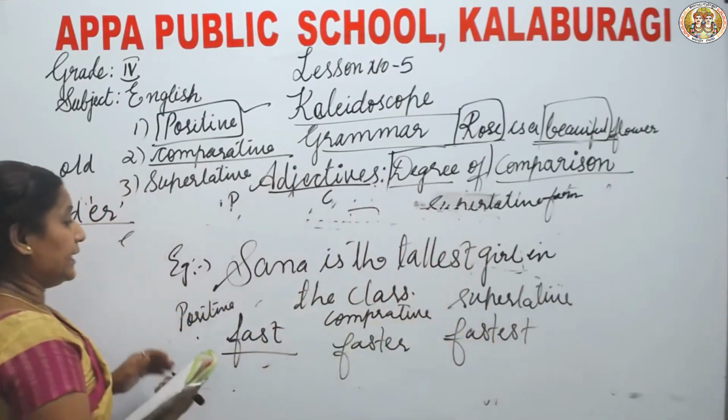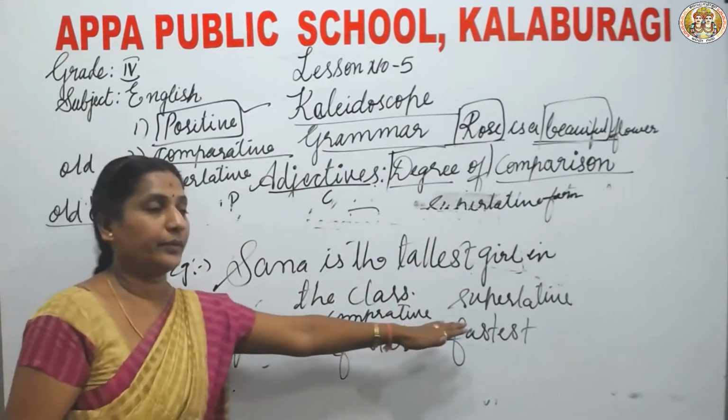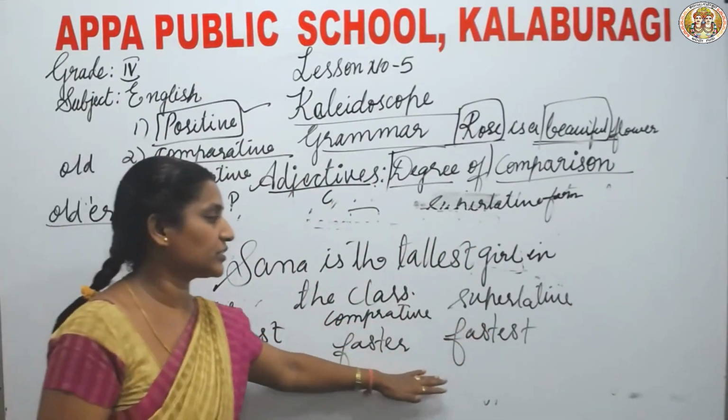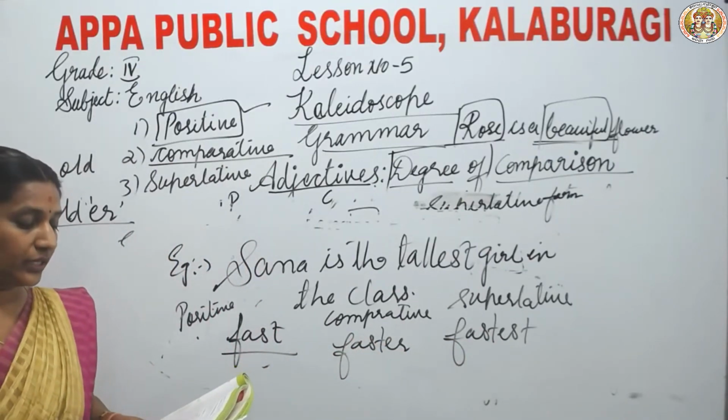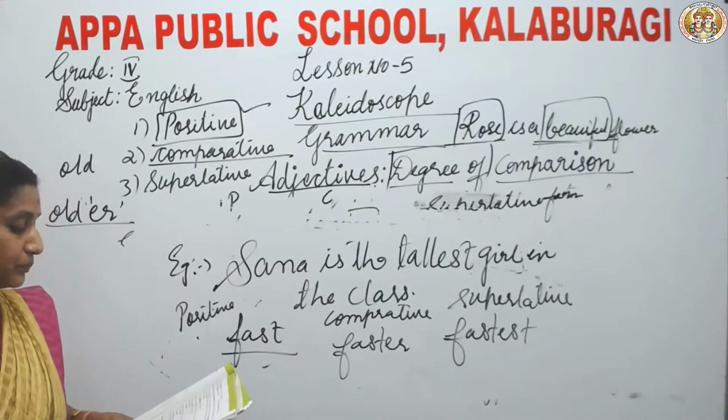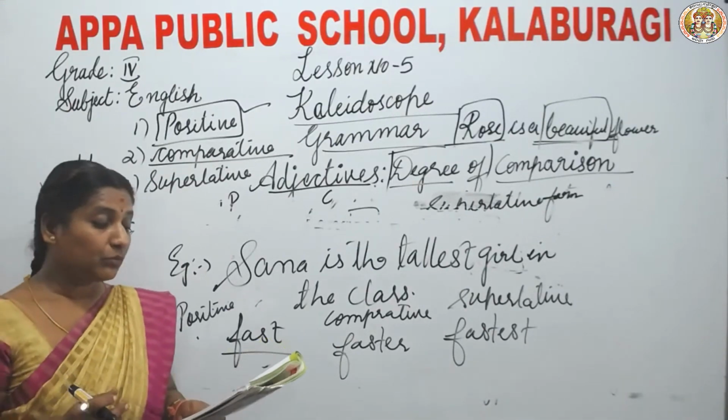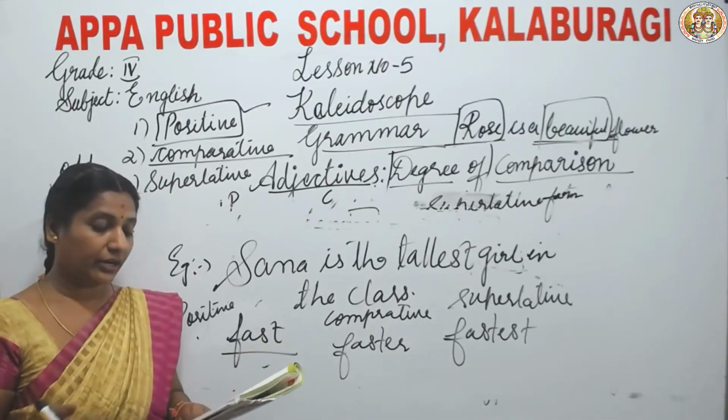So these are the three degrees of comparison. Fast, faster, fastest. One more is pretty, prettier, prettiest. Already told: clever, cleverer, cleverest. Now, by adding more and most, I have already said.